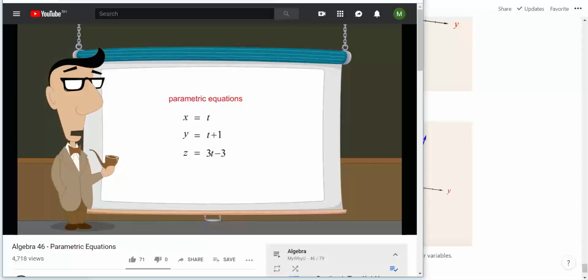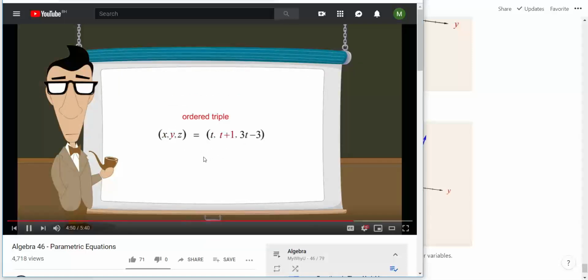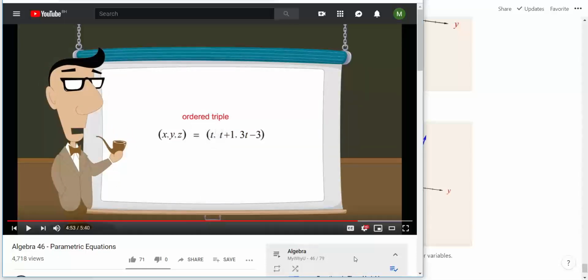So a solution set corresponding to a line in three-dimensional space can be described using three parametric equations. Or it can be represented as an ordered triple, where the values of x, y, and z are each expressed as functions of a parameter.